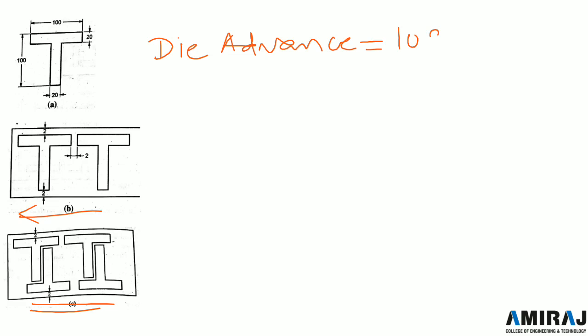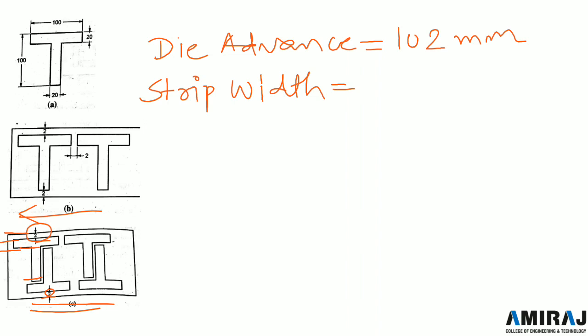Then the strip width: there will be 2 mm over here, another 2 mm over here, this portion is 20, this portion is 80, and here also there will be 2 mm of clearance, and this is also 20.